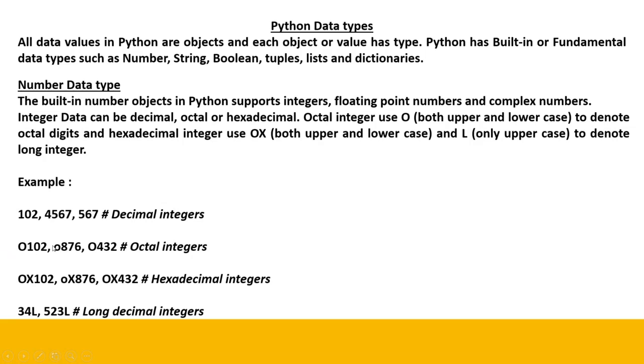In the second example, 0102, 0876, 0432 all indicate octal integers. 0x102, 0x876, 0x432 denote hexadecimal integers. 34L, 523L all denote long decimal integers.